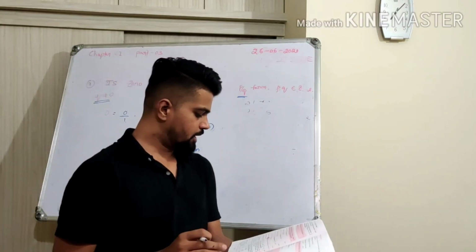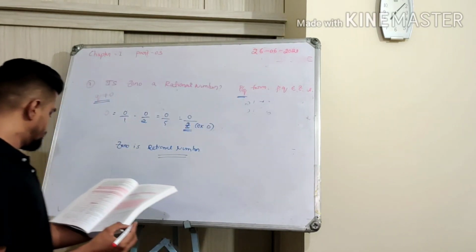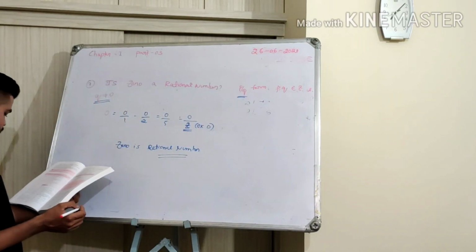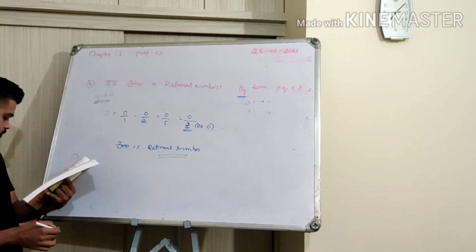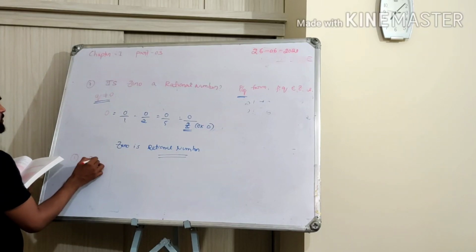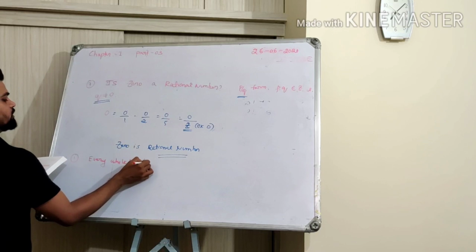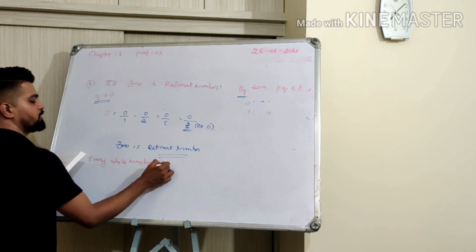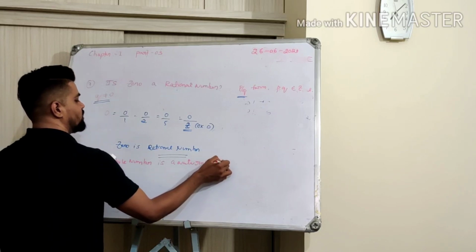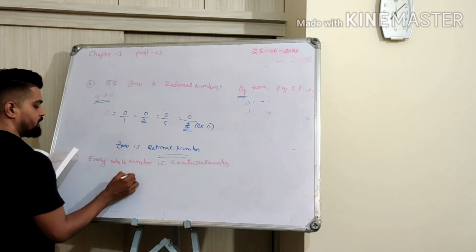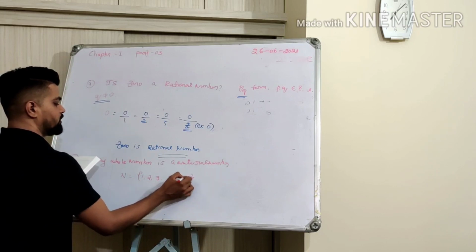Okay. So then second question says this. Are the following statements true or false? And give reasons. The first statement is like this. Every whole number is a natural number. Tell me, is it right or not? What are natural numbers? So natural numbers are the counting numbers that is 1, 2, 3 till infinity, right?